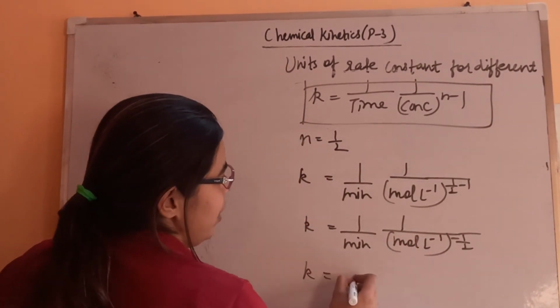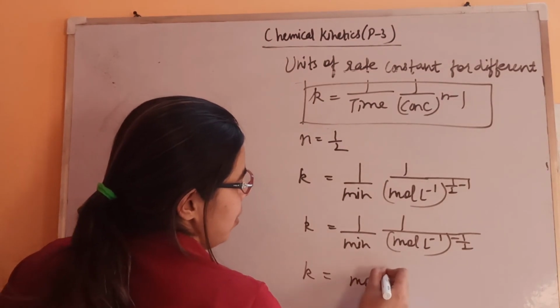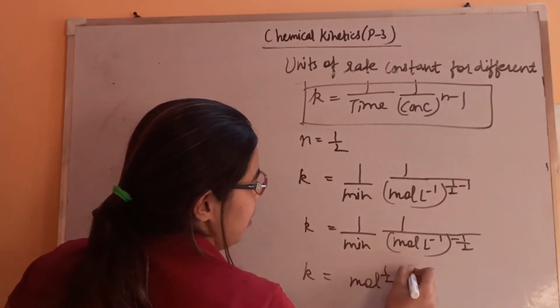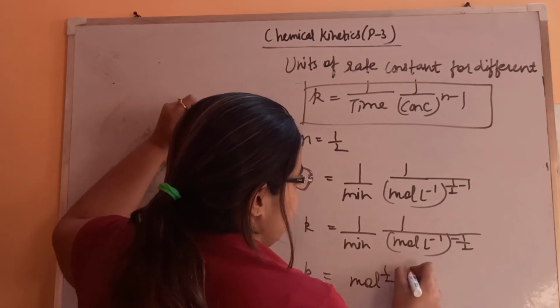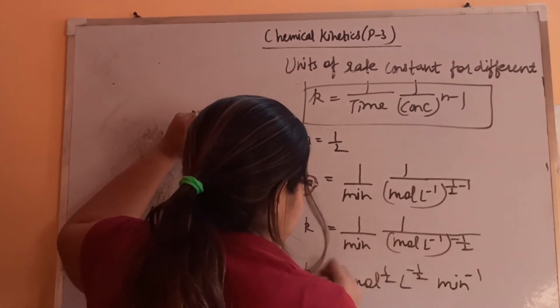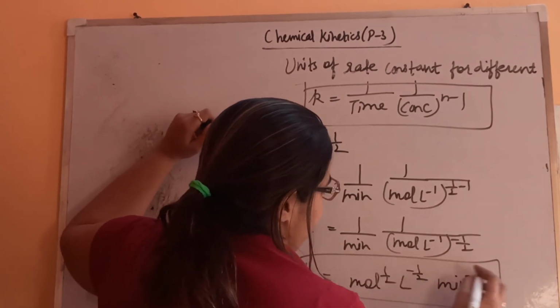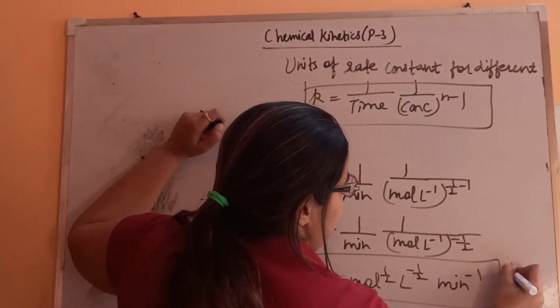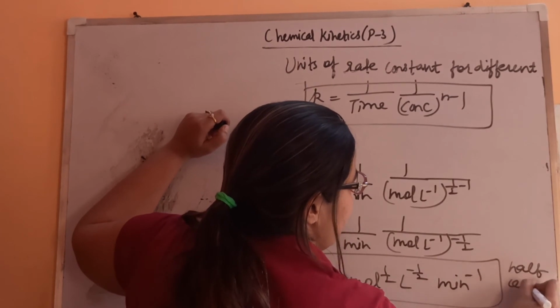So K is equal to what here? Moles to the half, liter to the minus half, then per minute. So this is the unit for fractional order, that is half order reaction.